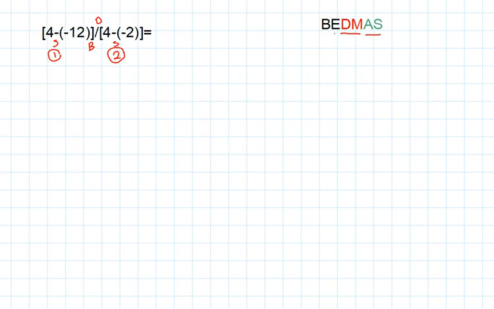4 minus negative 12. On the side, you don't need to show this work, and you can do this on a calculator also. 4 minus negative 12 is the same as 4 plus 12, which is 16. So what you need to show in your work is 16 on the left.